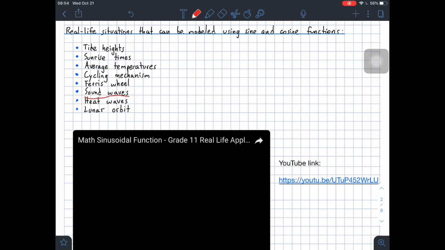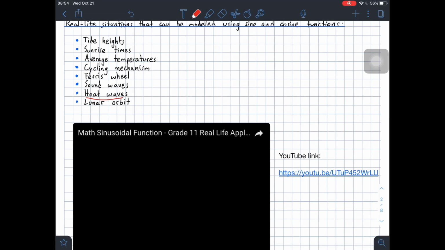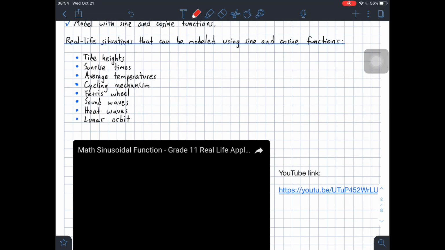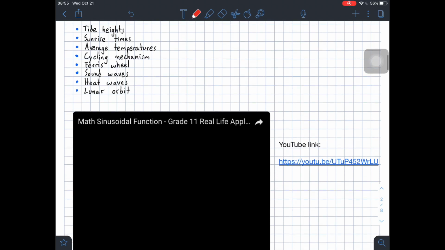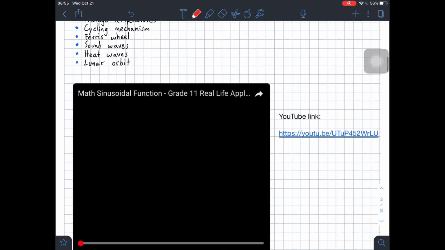Sound waves, this I told you that one student did an internal assessment about this topic. Then heat waves, and finally the lunar orbit. These are all examples of periodic functions applied into real life situations. Okay, all of them are very interesting to analyze if you want to make models of this for your projects.